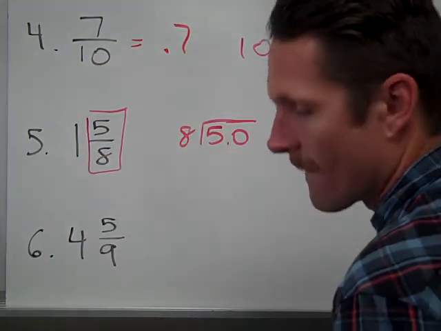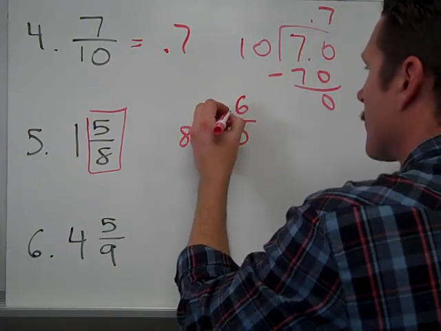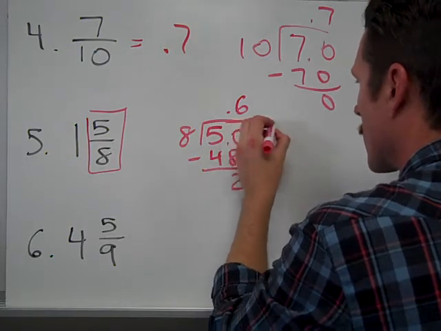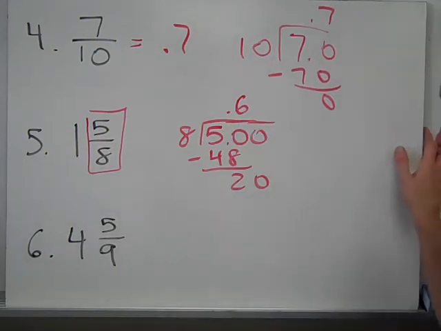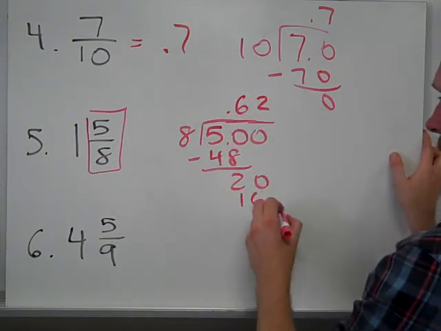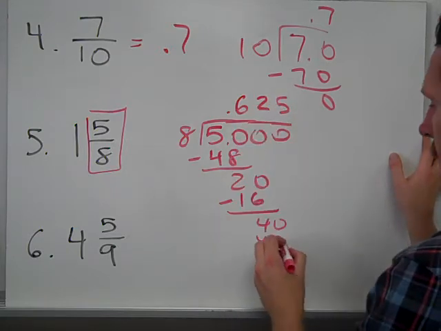8 goes into 50. Well, 8 times 6 is 48. We get 2, 0. Can 8 go into 20? 2 times 8 is 16. And then we're going to get a 40, which would be 5.